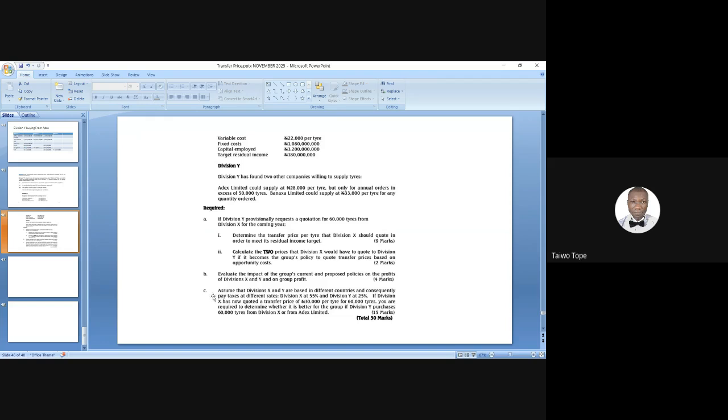For part C, this one is not something complex anyway. Assume that divisions X and Y are based in different countries and consequently pay taxes at different rates. Division X pays tax at 55% and division Y pays tax at 25%.